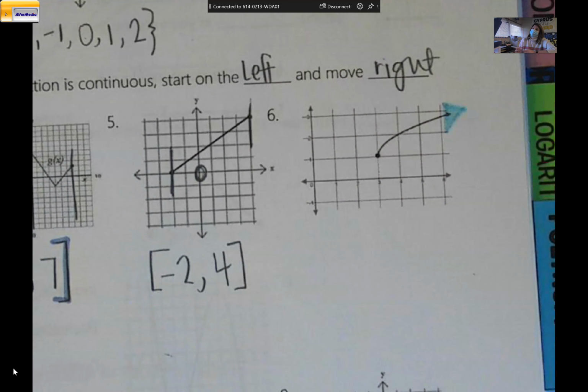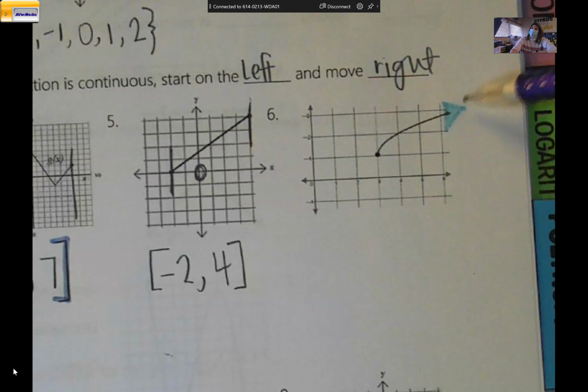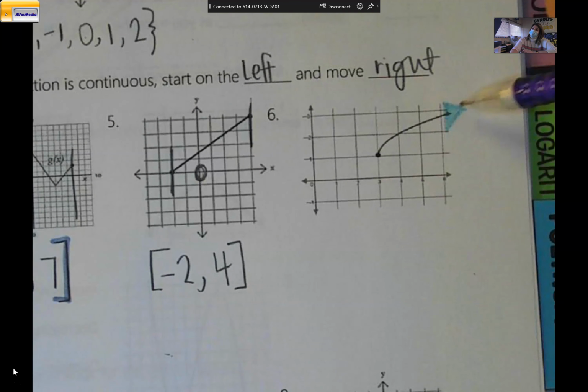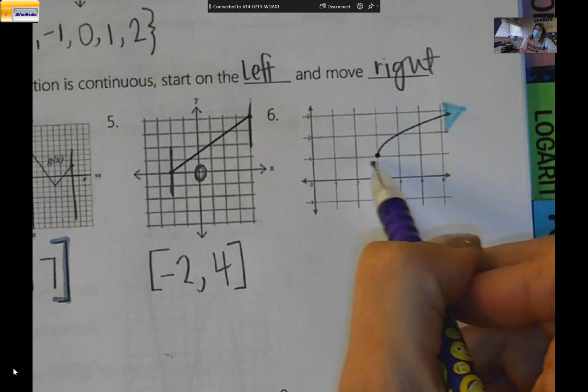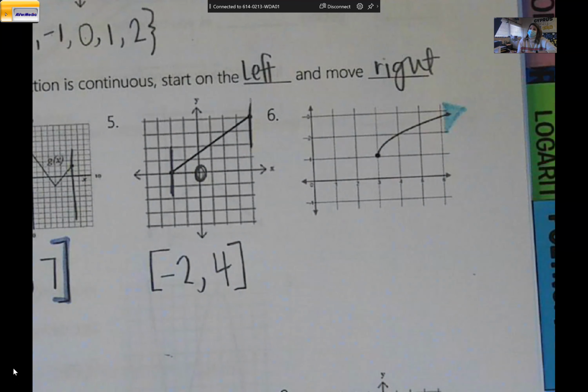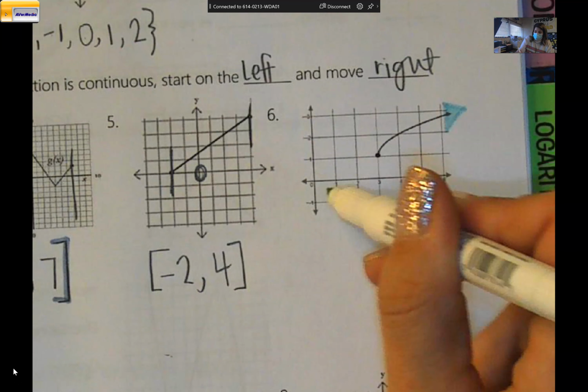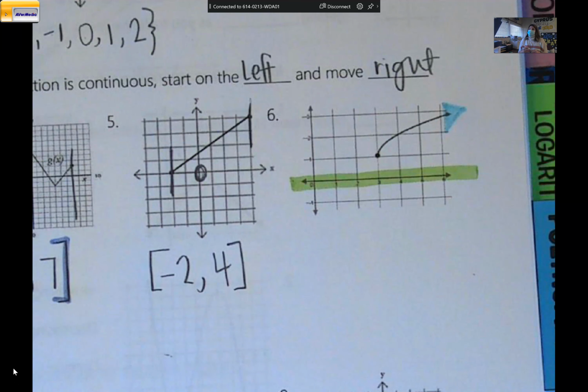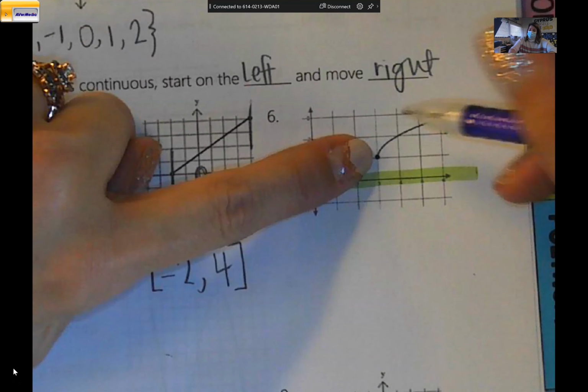This is not a point. This is the first one where one of your bounds is an arrow and the other one is a closed point. So your x-axis is hanging out down here, and that's okay. We can still use them to figure out our values that x can be.